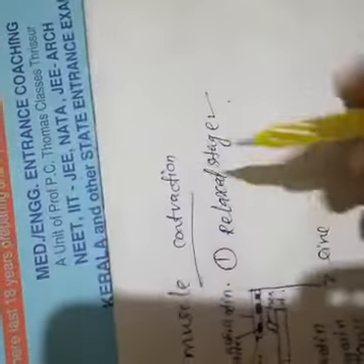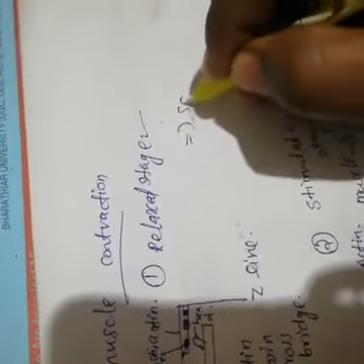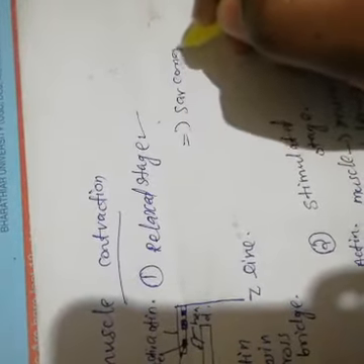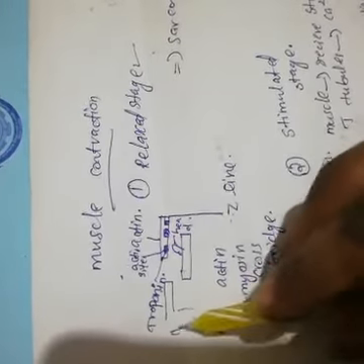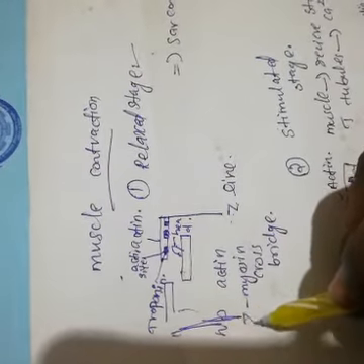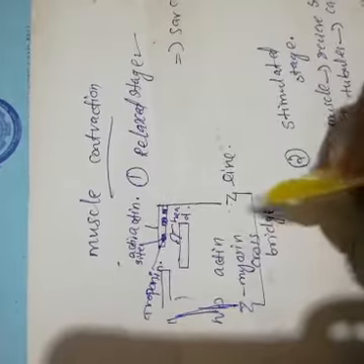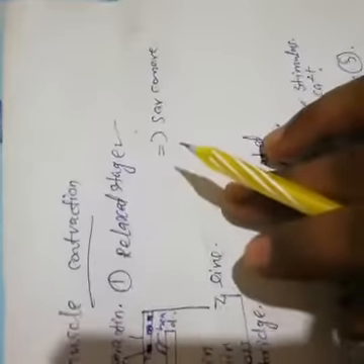Then we are taking the sarcomere. What do we mean by sarcomere? Sarcomere is the distance between two Z lines. If there is a Z line here, then the portion between two Z lines is called the sarcomere.